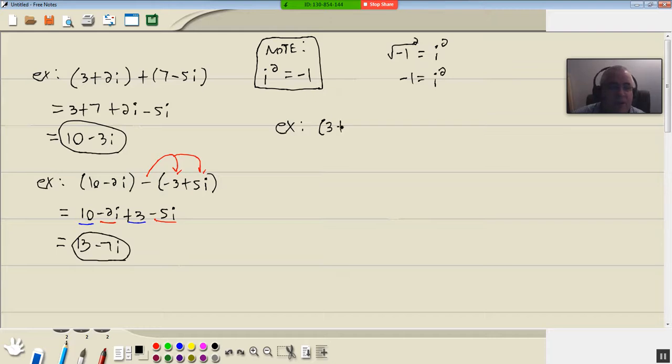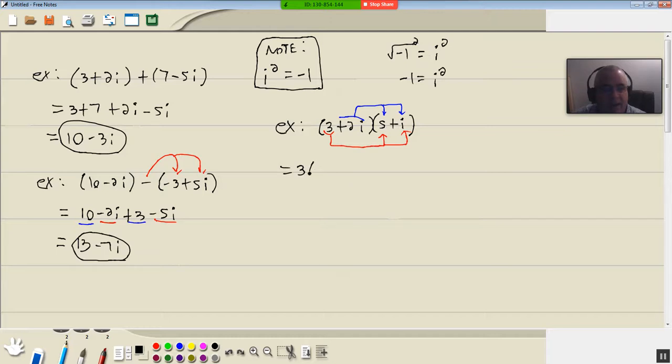So if I have 3 plus 2i times 5 plus i, and we're multiplying those together. Well, we're going to take the 3 here, and we'll multiply it times the 5, and we'll multiply it times the i. And then we'll take the 2i and multiply it times the 5 and multiply it times the i.